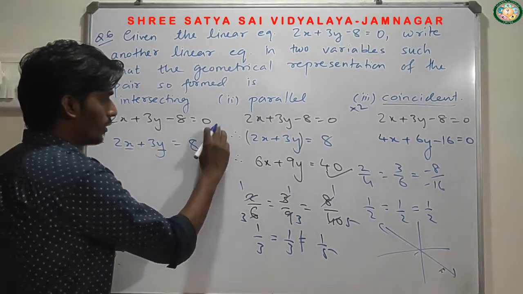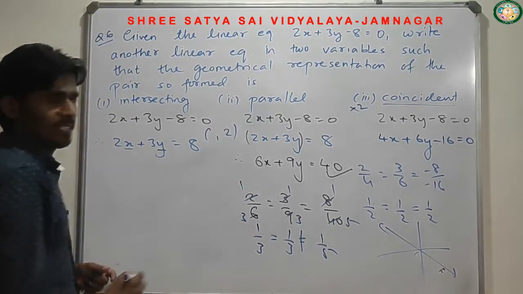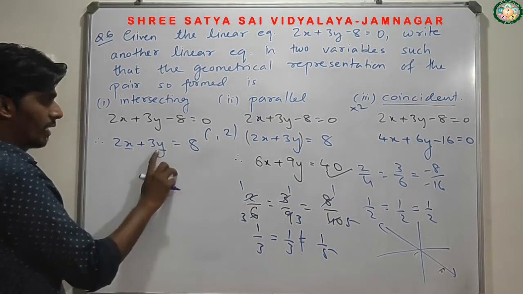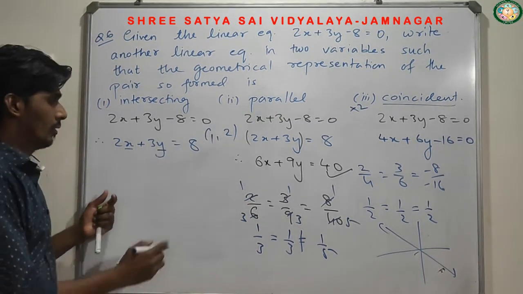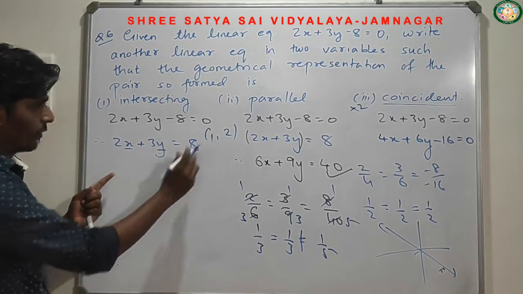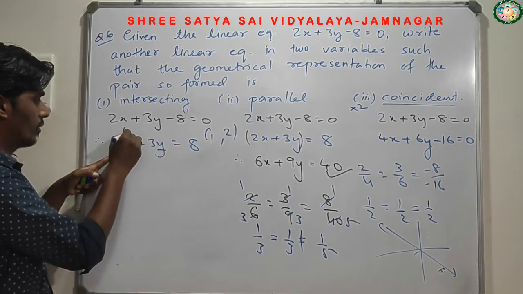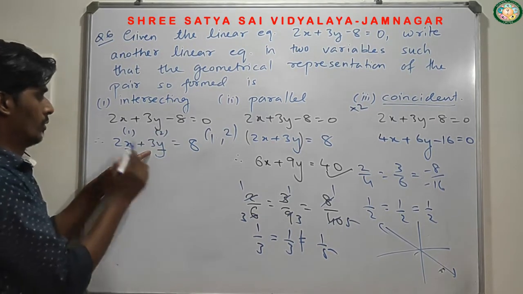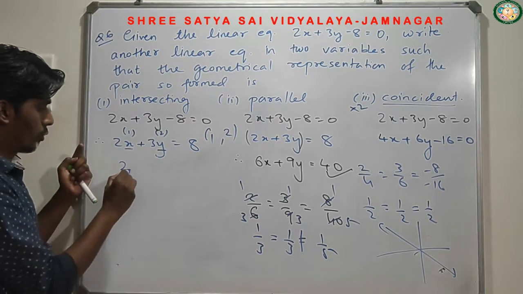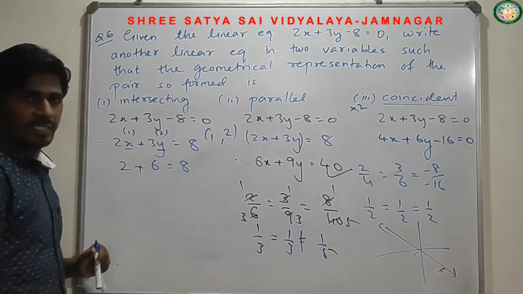Here y I am going to take as 2. So 3 2s are 6, and in place of x what will I take? 1. Just for verification again, 2 into 1, the value of x is 1, which I assume. The value of y is 2. So 2 1s are 2, 3 2s are 6. Is it 8? So our assumption is correct.